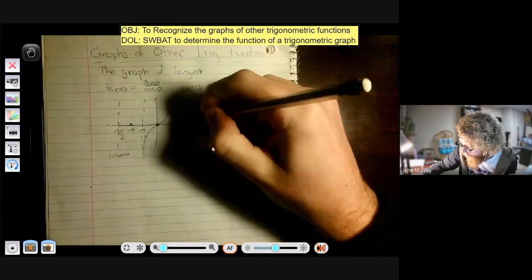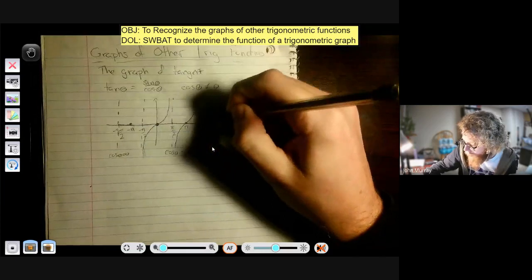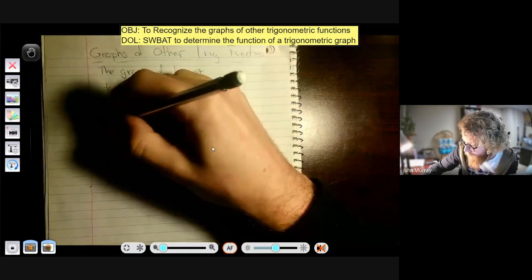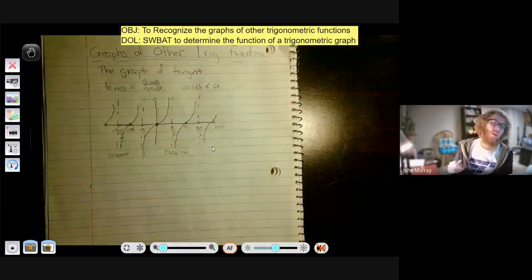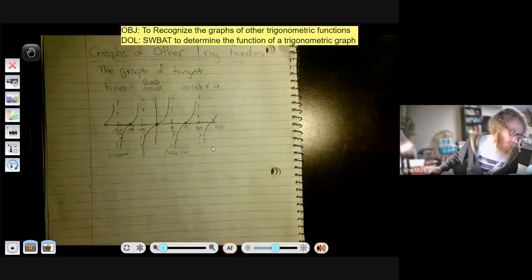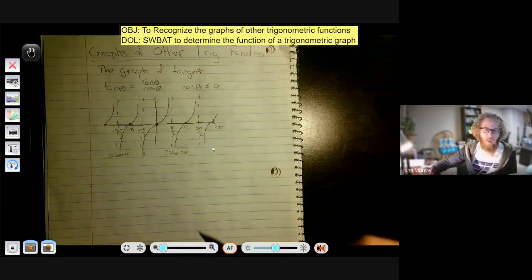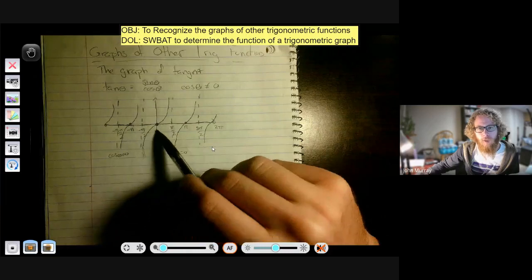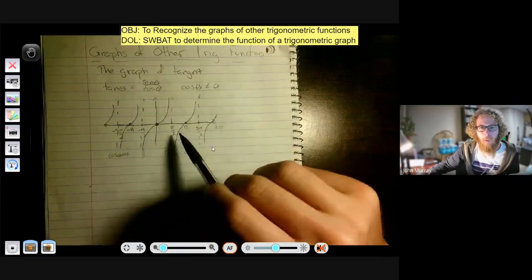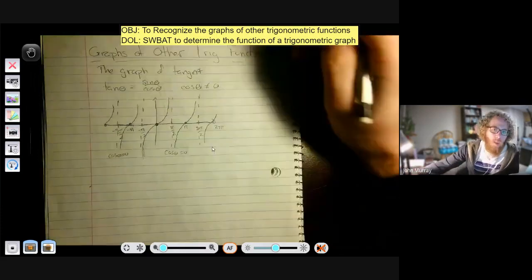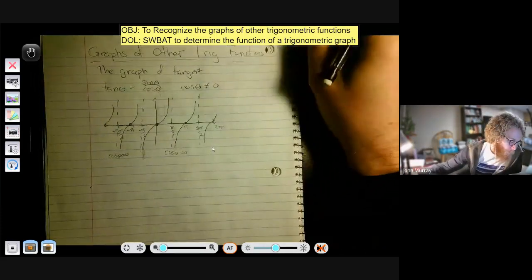Each part follows the same pattern. So our tangent function is a repeating, increasing function. It comes up, asymptote, and we have the same pattern, asymptote, pattern, asymptote, and it goes like that both ways in all directions.